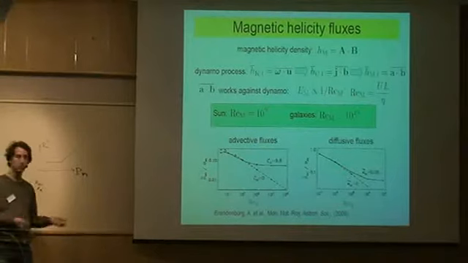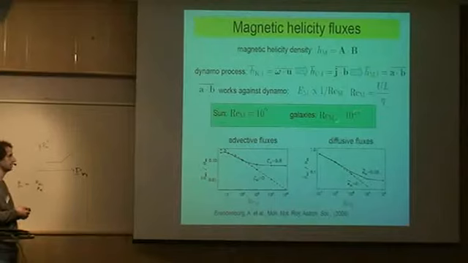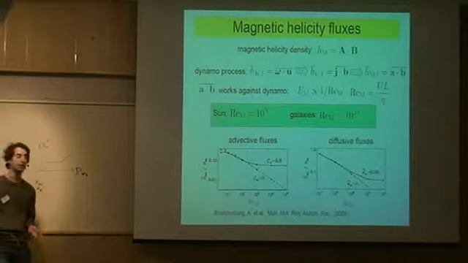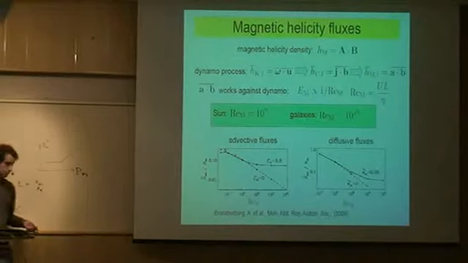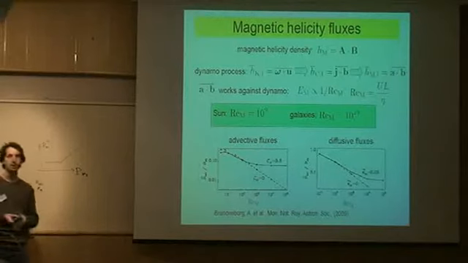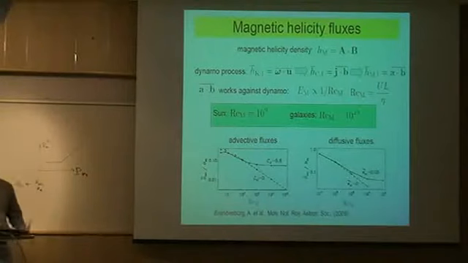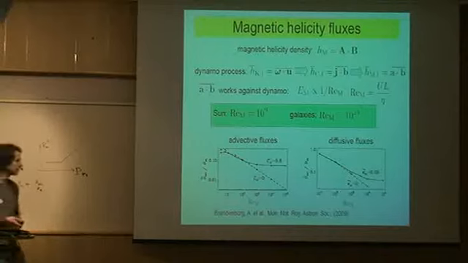This is called catastrophic because if you go to astrophysical objects like galaxies and the sun, you will see the magnetic Reynolds number is extremely high, like 10 to the 9 for the sun and 10 to the 29 for galaxies. So this suggests that we should get rid of small scale magnetic helicity to successfully create a dynamo with strong magnetic fields, which also have length scales larger than the eddies.